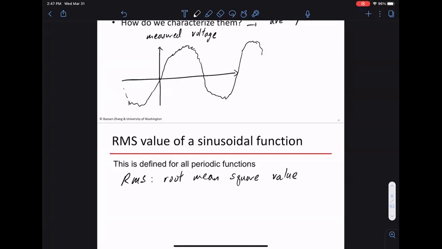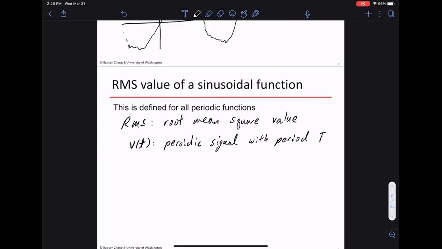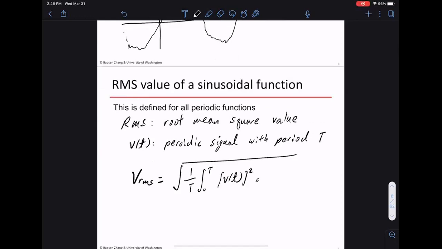So what this says is, if you take a V of t, think of this as a periodic signal with period T. Then the RMS value, root mean square, says that you take a root, you take a mean, and you square this thing.